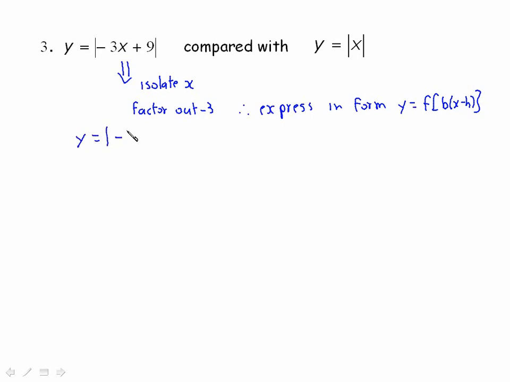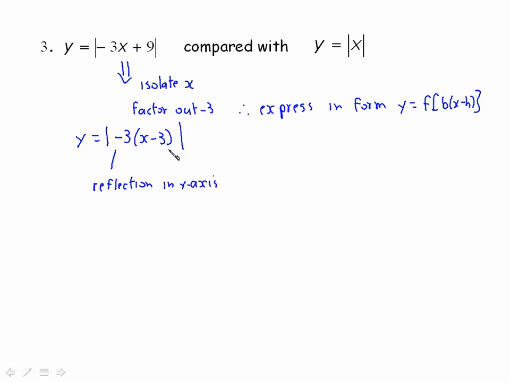So we factor the negative 3 out. So we divide both terms by negative 3, and we then get x minus 3, such as this. And now, by inspection, because there's a negative there, we have a reflection in the y-axis. Now that in itself is interesting, and we'll return to it.